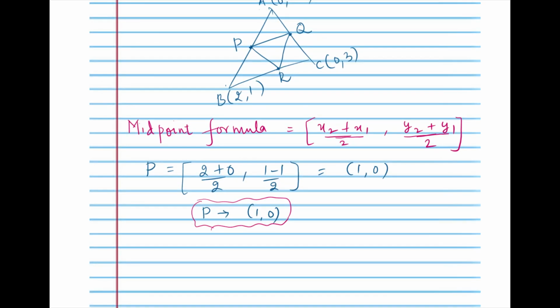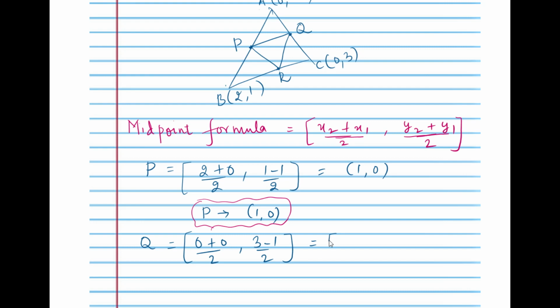Now we have got point P. In the same way, find out point Q. That is (0 plus 0) divided by 2, that is x2 plus x1 is 0 plus 0, and y2 plus y1 is 3 plus (minus 1) divided by 2.